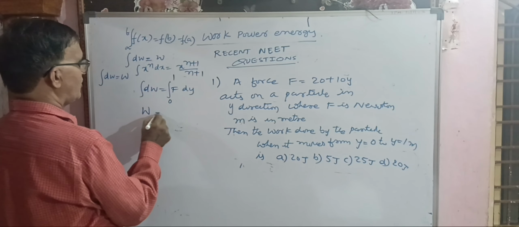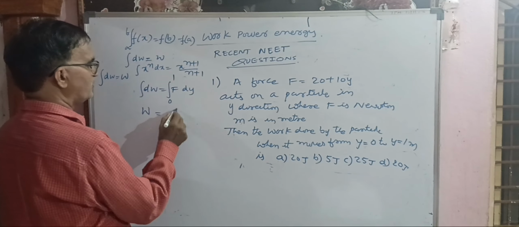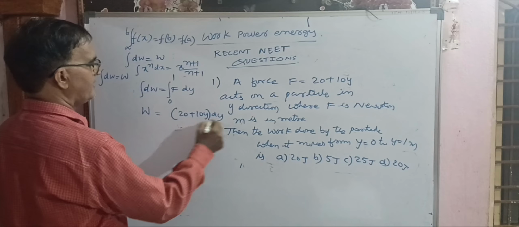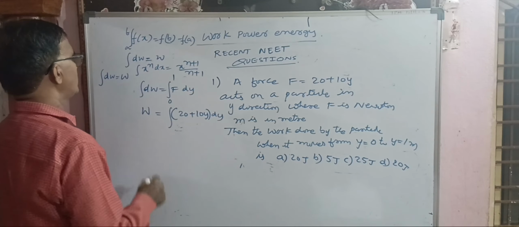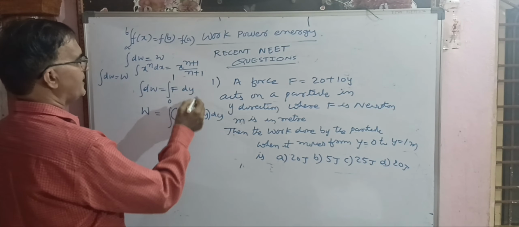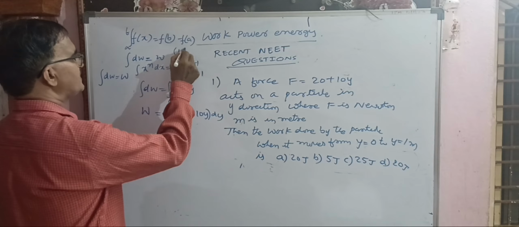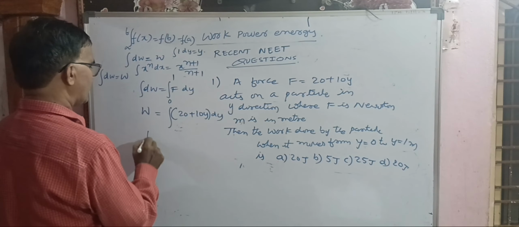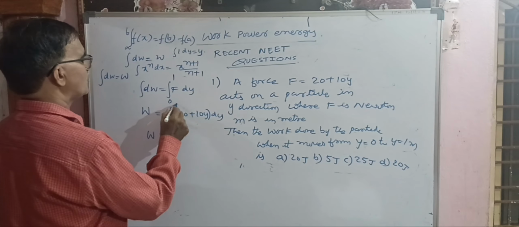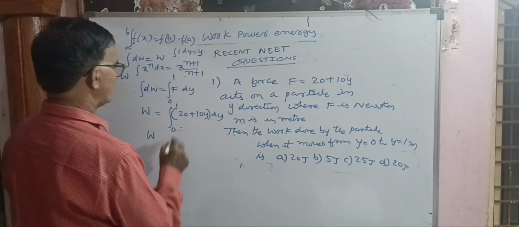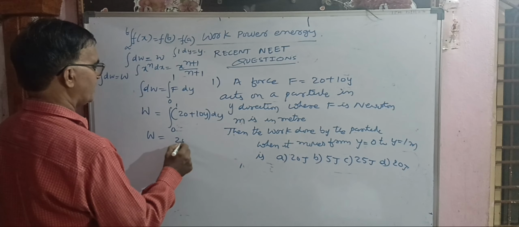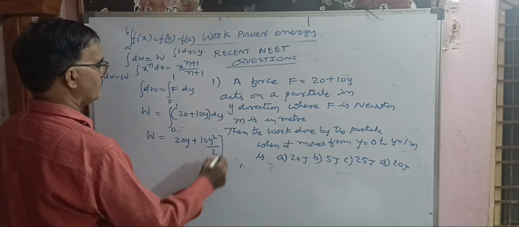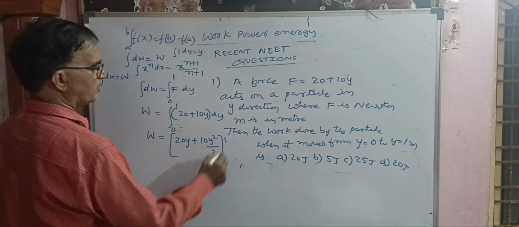Now W is the integral of 20 plus 10y dy. The integral of 1 dy is y. Limits are 0 to 1. So you get 20y plus 10y square by 2, limits 0 to 1.